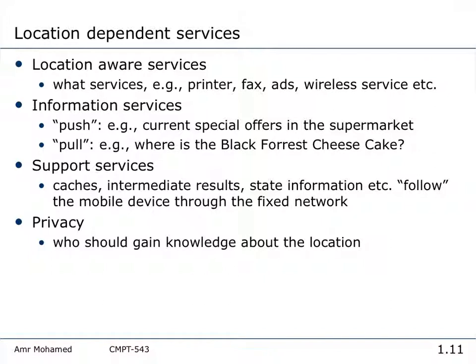So this is the location dependent services. So you have the ability to push information to the users based on their location, or pull information from specific servers based, again, on your location. So push or pull.